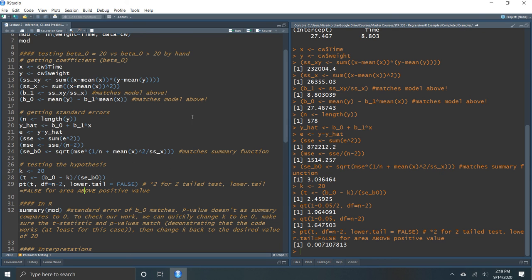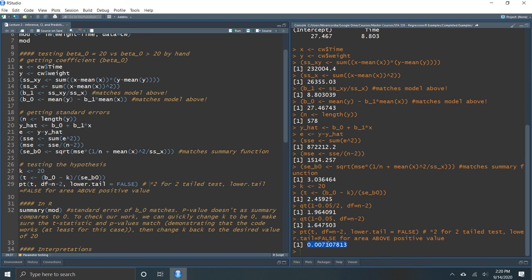So on my curve, this is a positive test statistic, so it's on the right-hand side of my curve. The pt would by default find all of the area on the left-hand side of that test statistic, but I don't want that. I want something as or more extreme, so I want the area on the right side of the test statistic, and I can tell R to do that by giving it the argument lower.tail equals false.